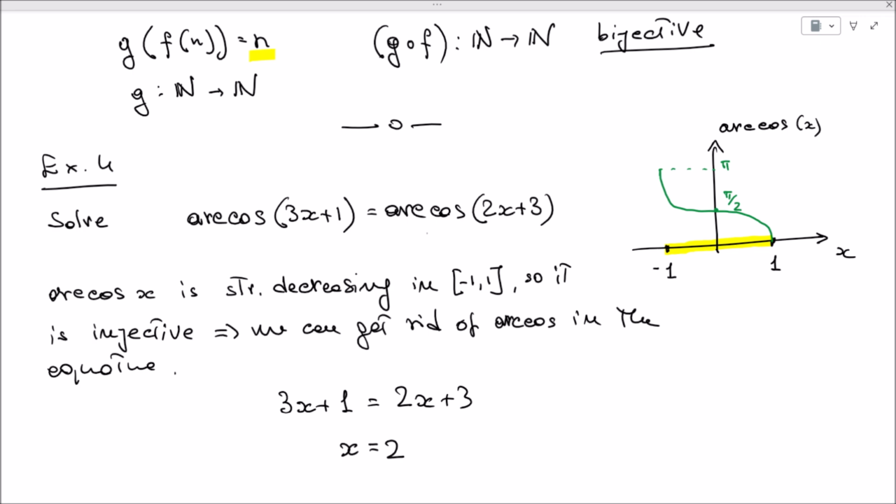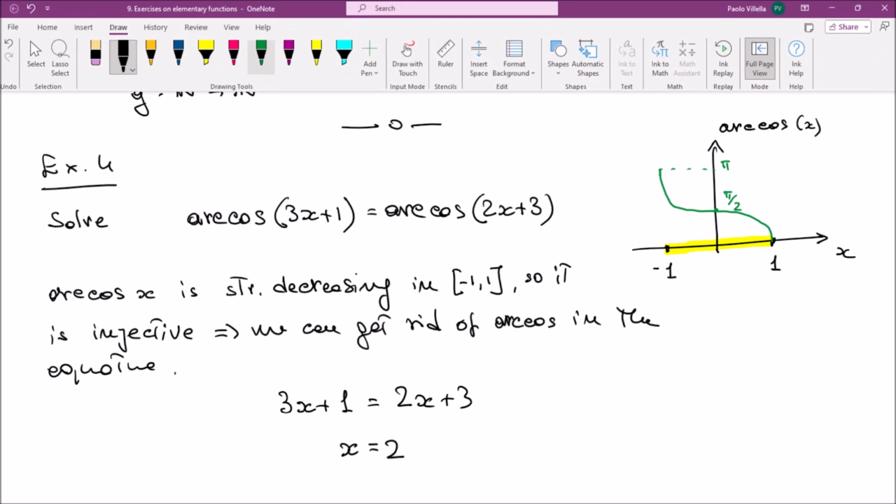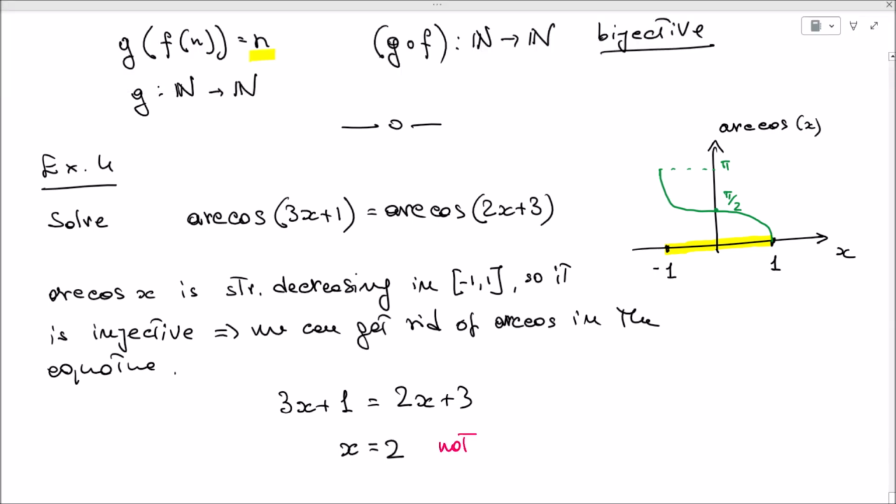Which is not acceptable, because x equal to 2 does not belong to the interval minus 1, 1. So clearly this is just an impossible equation.